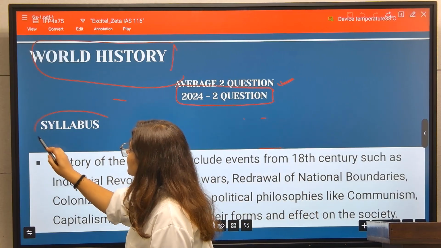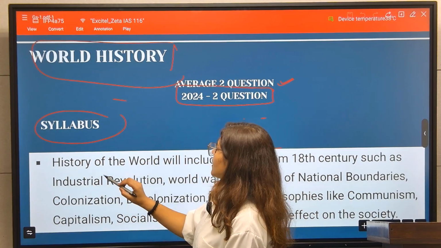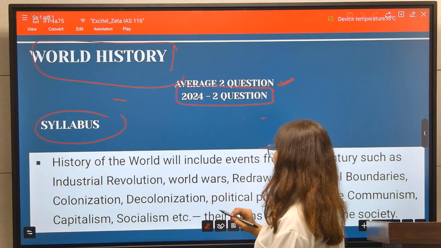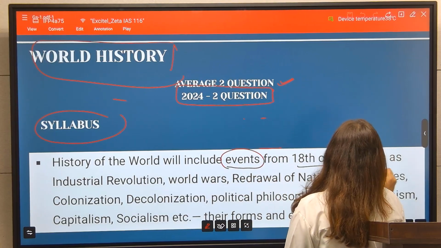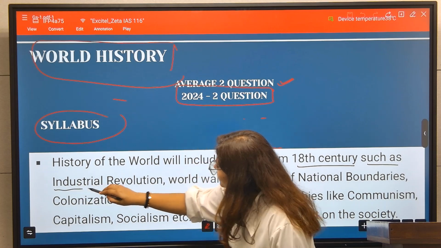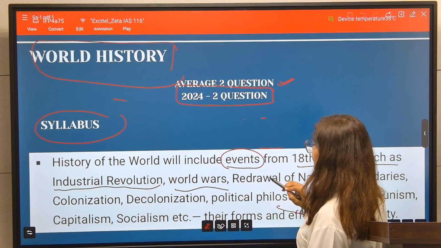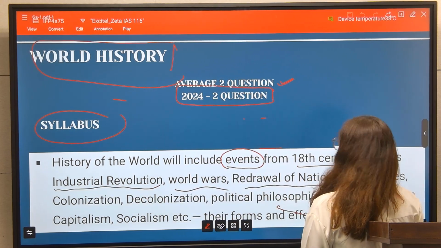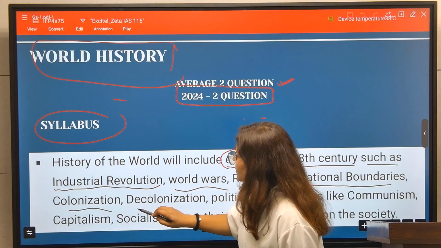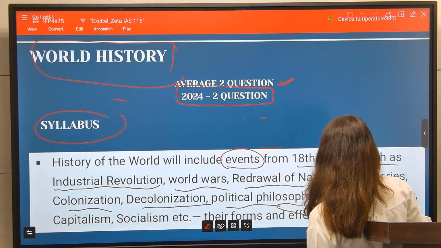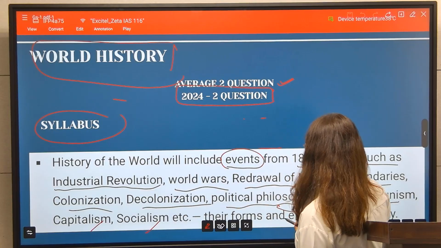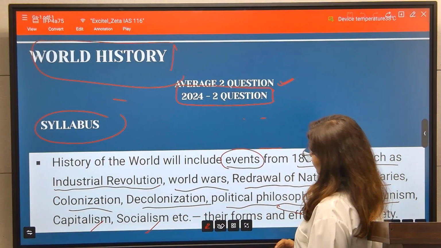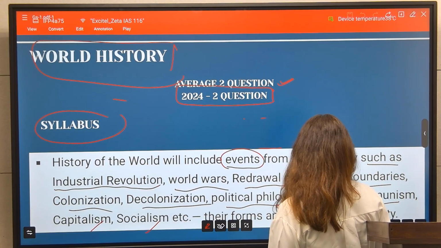So see the syllabus of world history: history of the world, which will include events from the 18th century such as Industrial Revolution, World War, redrawal of national boundaries, colonization, decolonization, political philosophies like communism, capitalism, socialism, etc., and their forms and effect on society.